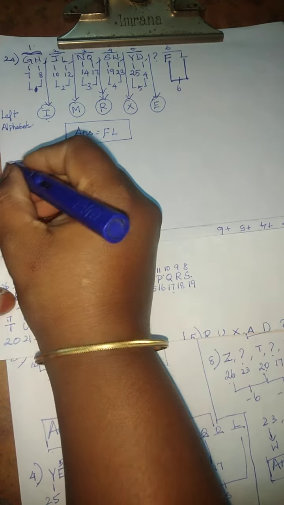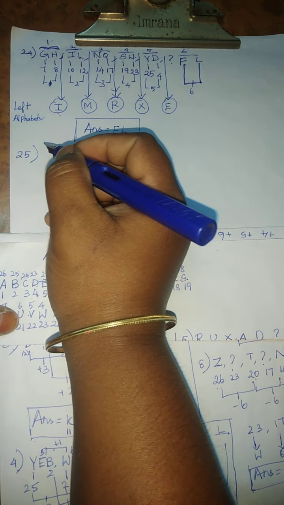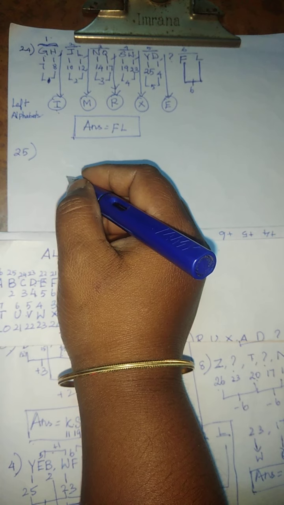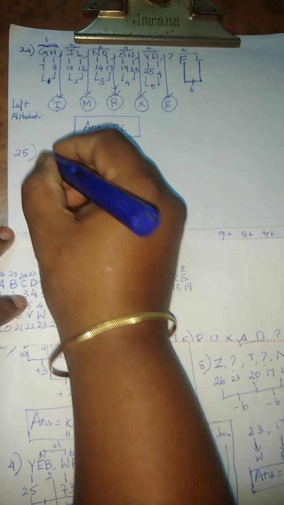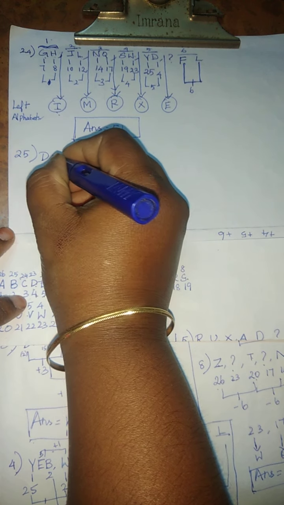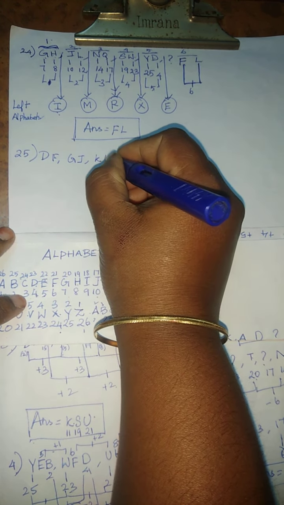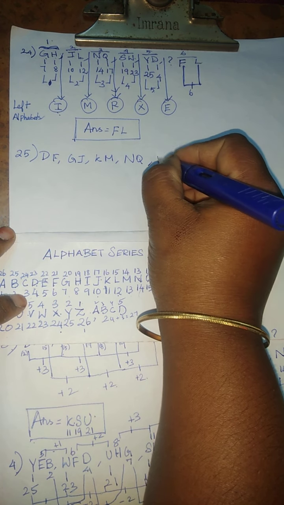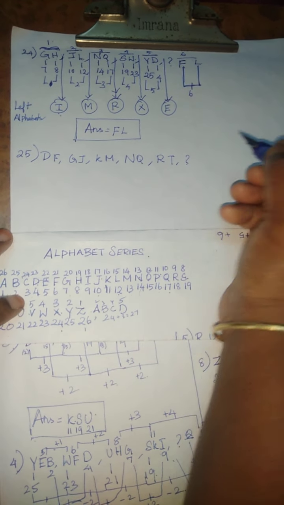Then we are moving to the 25th sum. The question is: DF, GJ, KM, NQ, RT, then question mark.